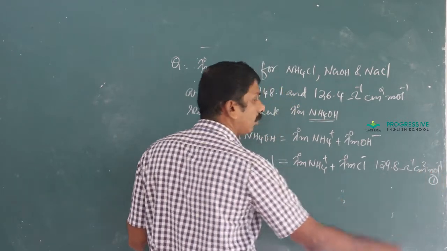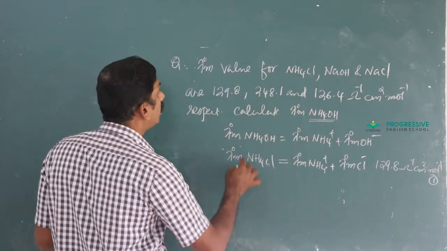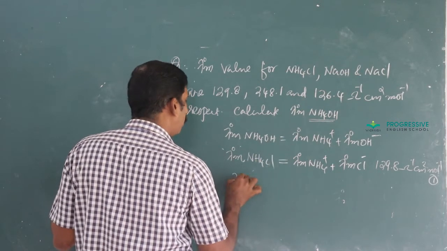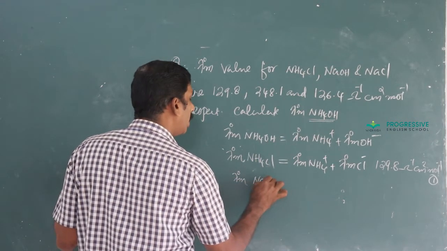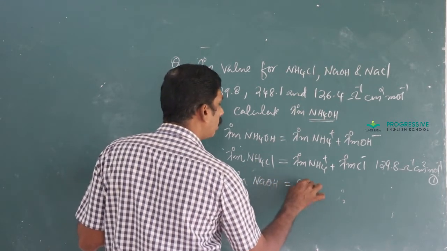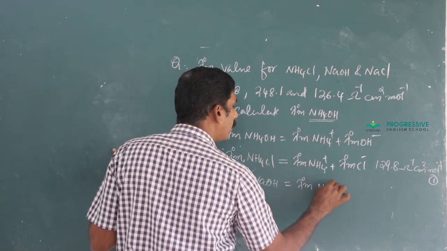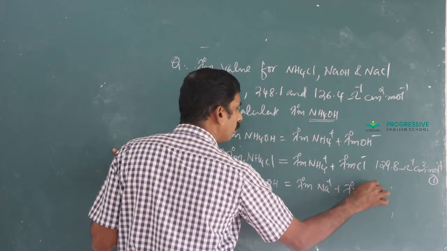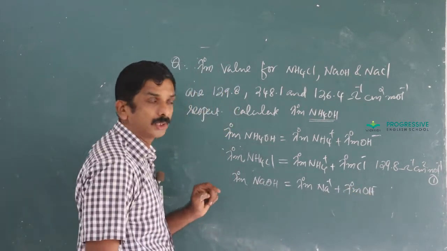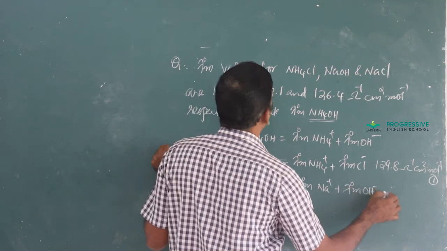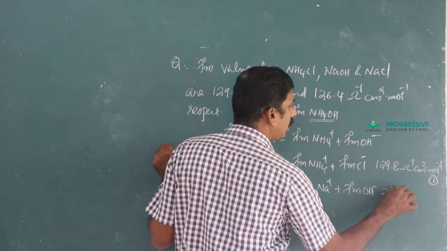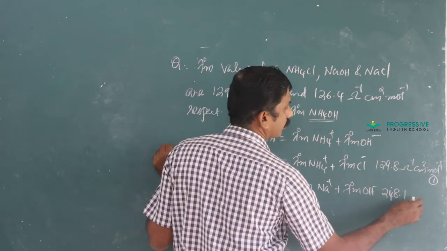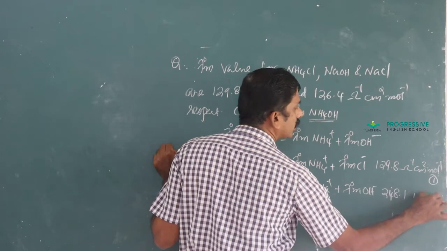Put it as equation number 1. Second one, lambda 0m NaOH equals lambda 0m Na plus plus lambda 0m OH minus. Here the value is 248.1 ohm inverse centimeter square mole inverse.